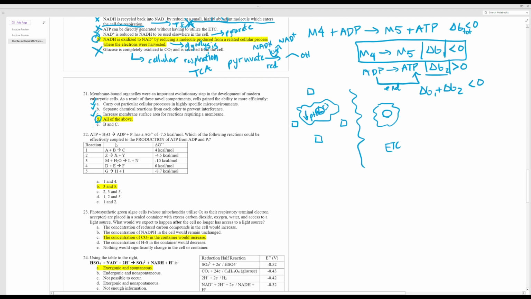Okay, ATP plus H2O goes to ADP plus P sub I, has a delta G naught prime of negative 7.5 kilocalories per mole. Which of the following reactions could be effectively coupled to the production of ATP from ADP and P sub I?